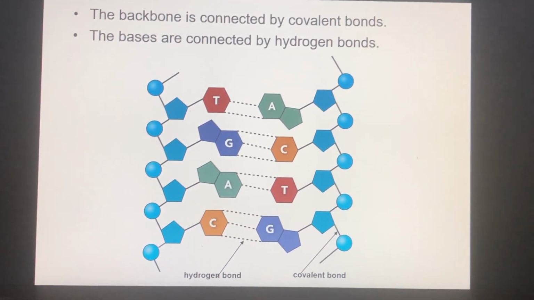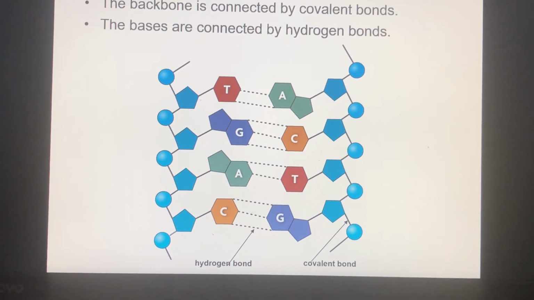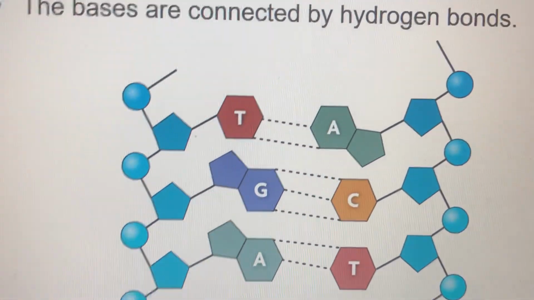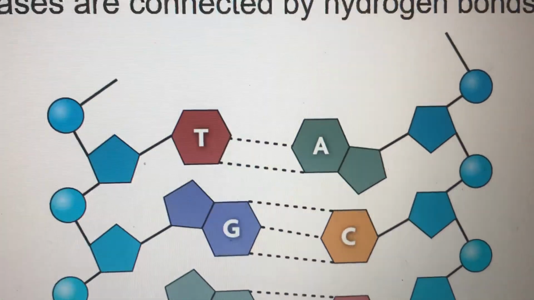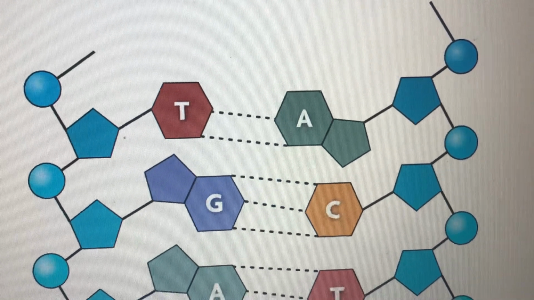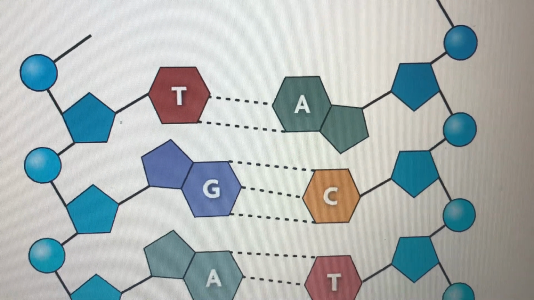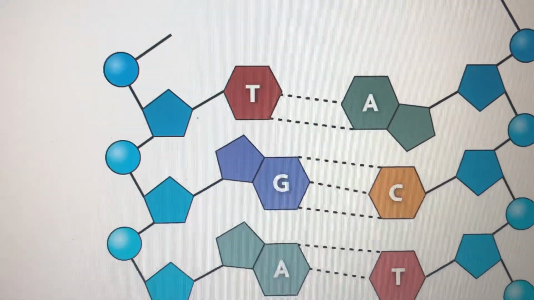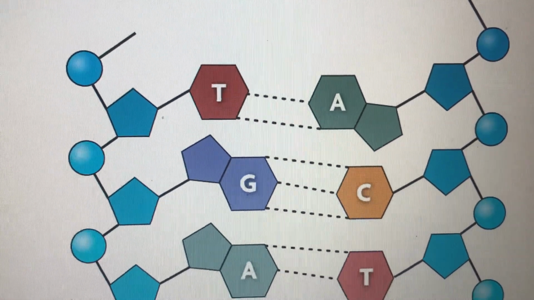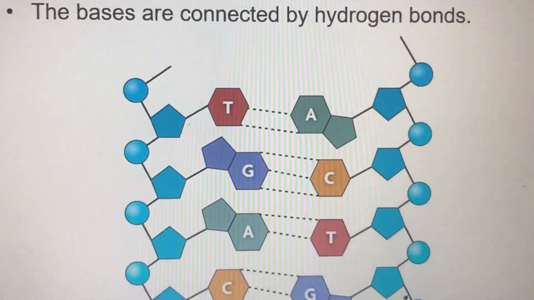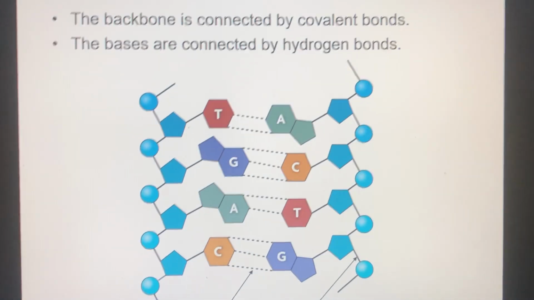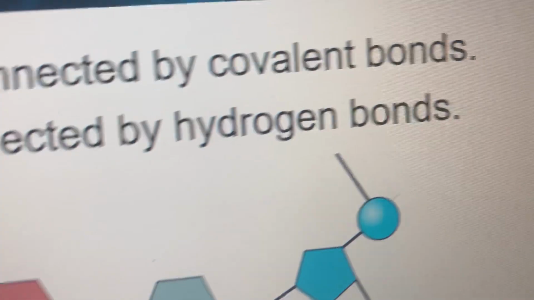In the model of Watson and Crick, they said that nitrogenous bases are inside the double helix between the 2 strands. Look, A, T, C, G. What's outside? The phosphate group with the sugar.